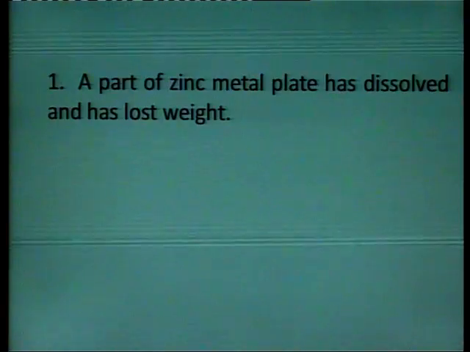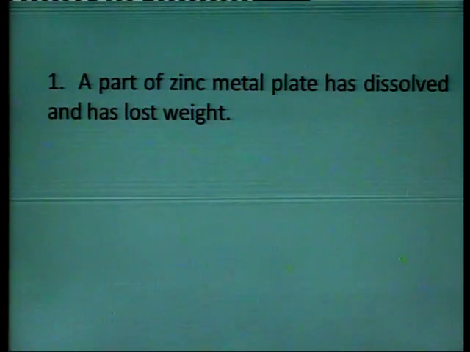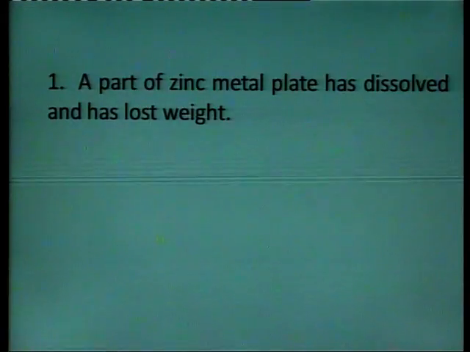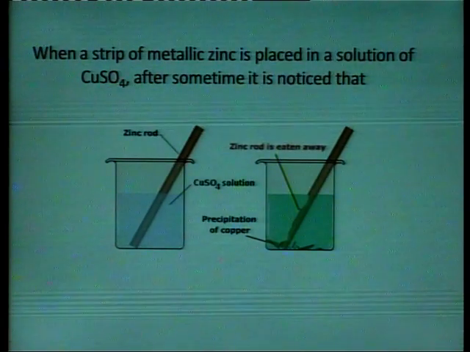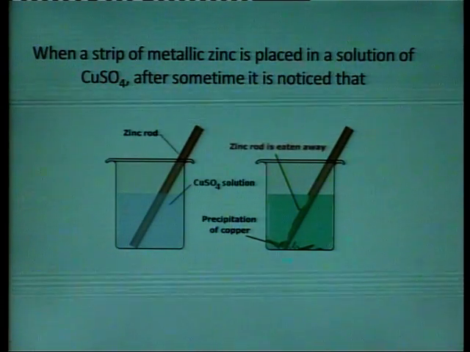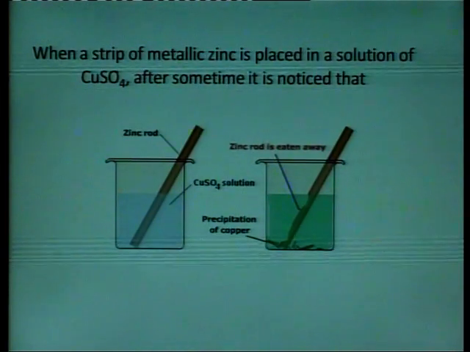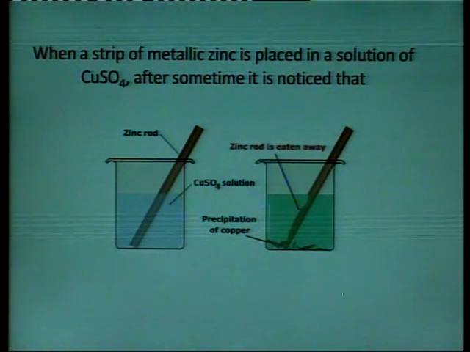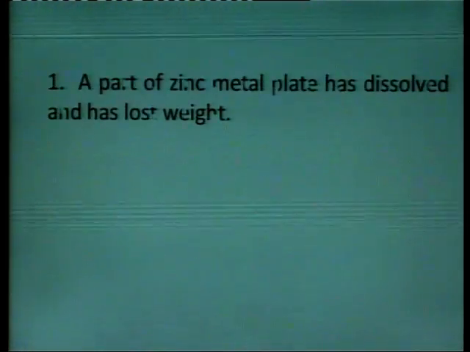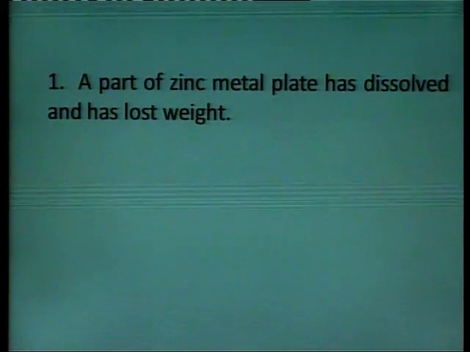Number 1, a part of the zinc metal has dissolved and lost its weight. Again, this can be seen in the second diagram, that the zinc rod has been eaten away. That means it has lost its weight and has dissolved after some time. So, this is our first observation, that zinc dissolves.